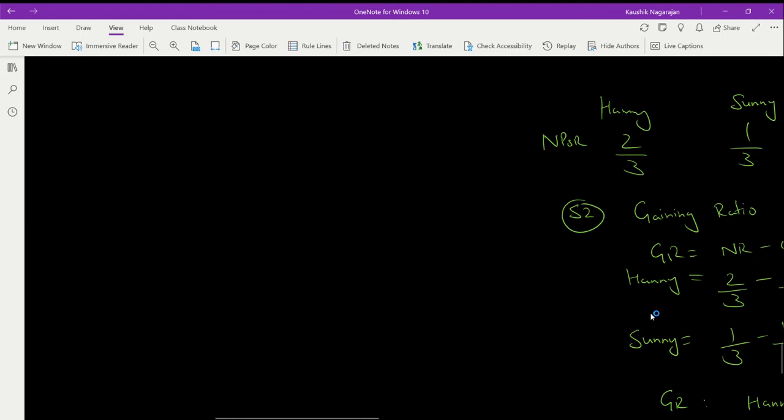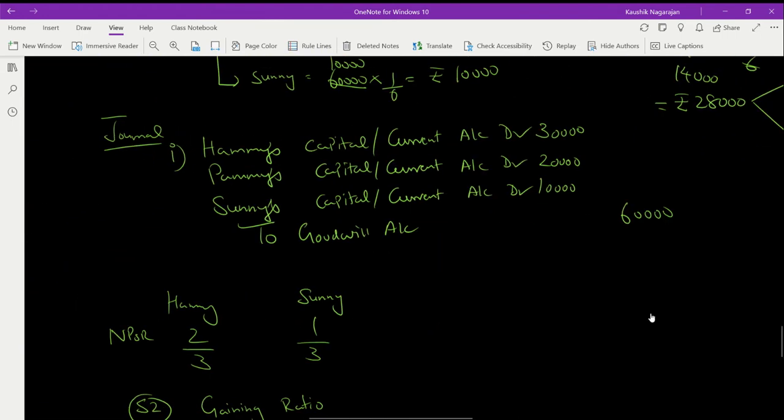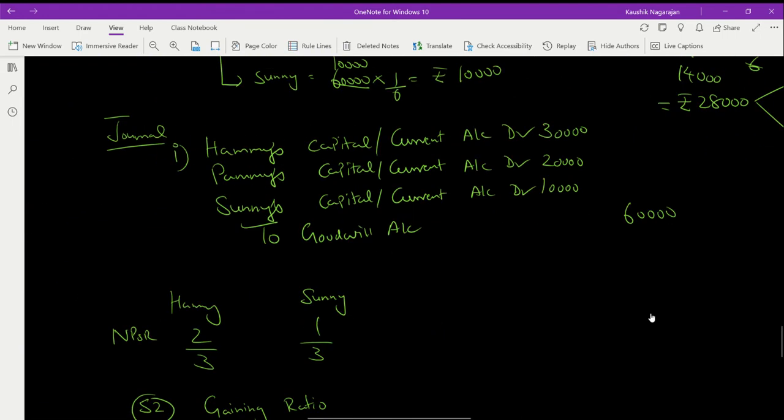Now we got the amount they have to pay. So now pass the second journal entry. The second journal entry will be as follows. The gaining partners, who are the gaining partners? Hanny.